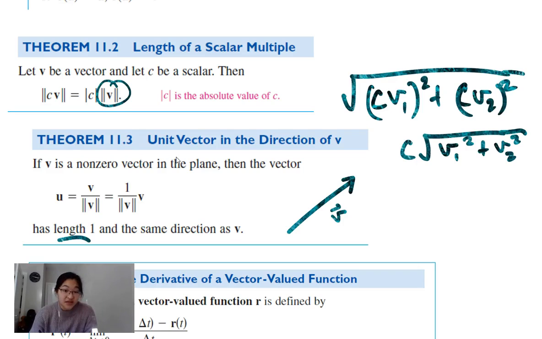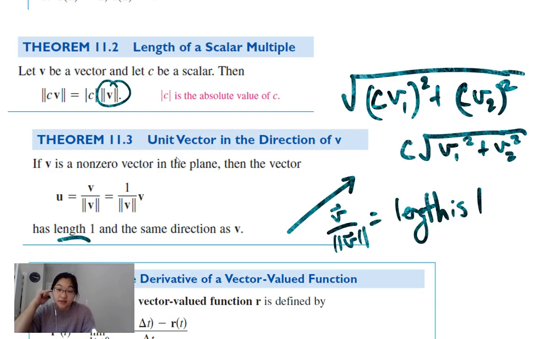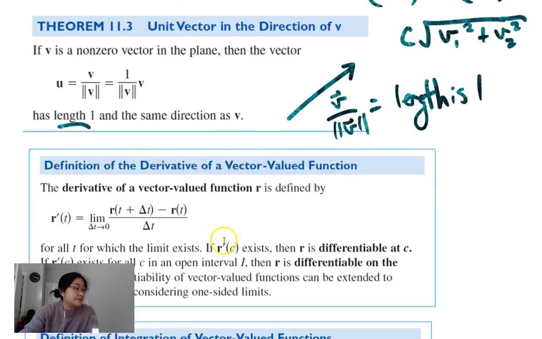So if you take this vector and you divide it by the length of it, the magnitude of it, then you get a vector that's got a unit length. So the length of this is going to be 1, because you're taking something and dividing it by the magnitude of itself. So it's still going to have a direction, but you're scaling it by how long it is so that it gives you a length of 1, but the same direction.